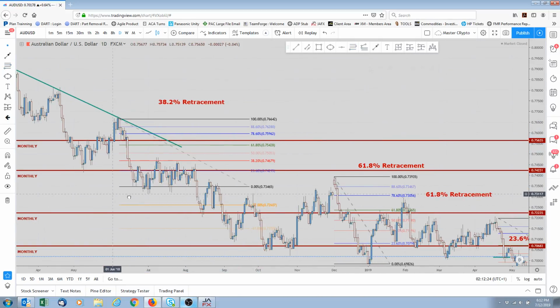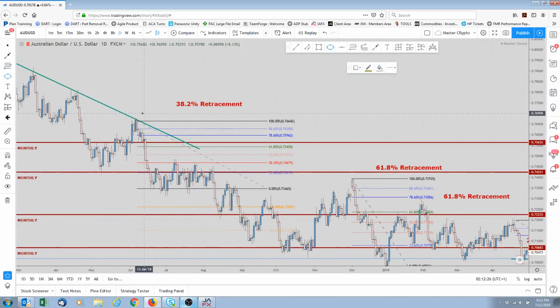So you can see I went from here and price moved in this one stride and found support right here. That's where price reversed. So that's why I put 0% right there.